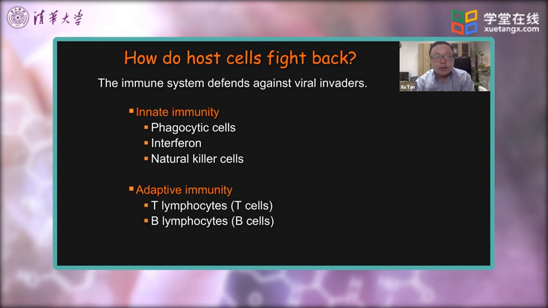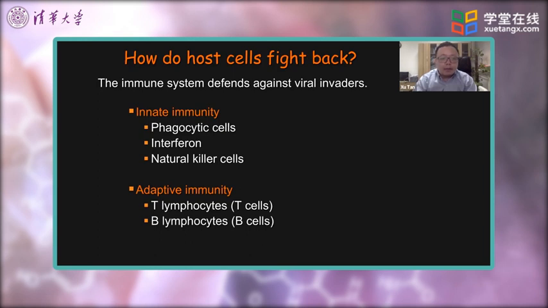A major antiviral innate mechanism is the interferon system, which I'll talk about later. There are also a type of white blood cell called natural killer cells, which are also part of the innate immune system defending against viral infection.